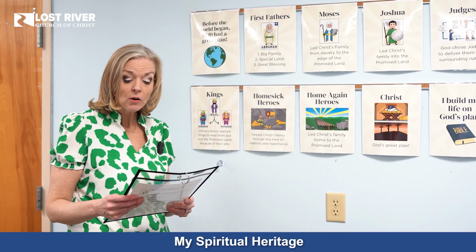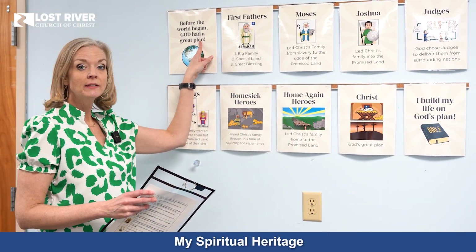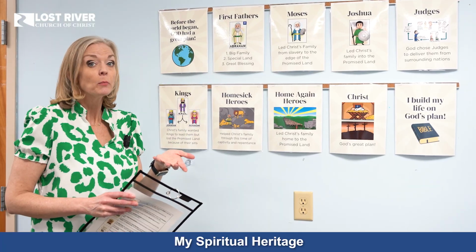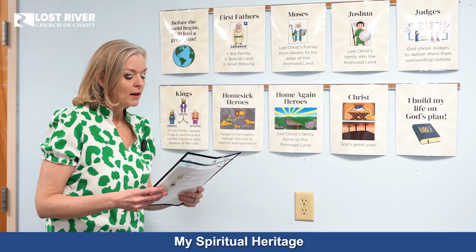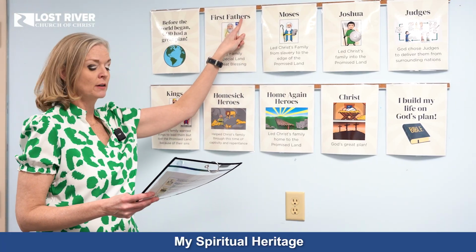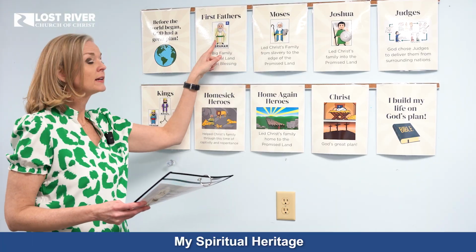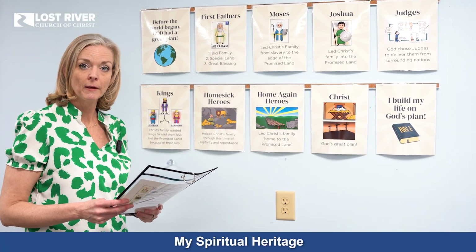God loved us so much that even before the world began, God had a great plan. And then at that point, you might get the students to say the word with you. God gradually began to share his plan with the first fathers. He picked Abraham's family to be Christ's physical family.